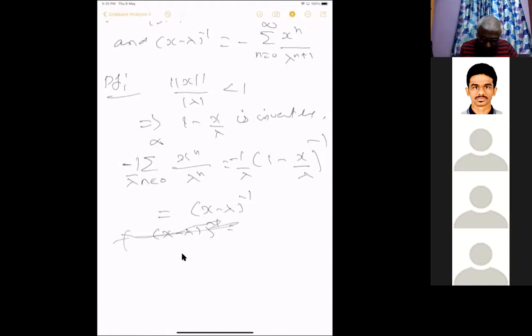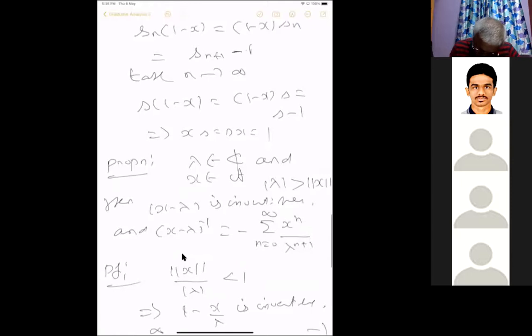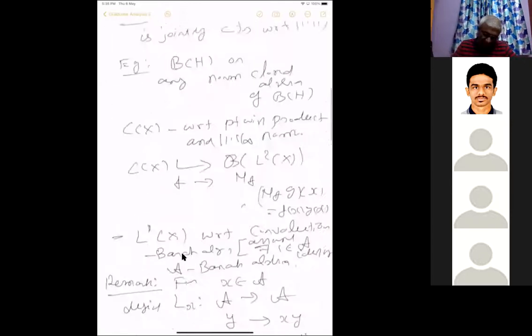It's anyway commutative, it's just a scalar, just the product of the inverses. So this is okay. If it's okay for everyone, I believe; otherwise you just get convinced. So this is the inverse.